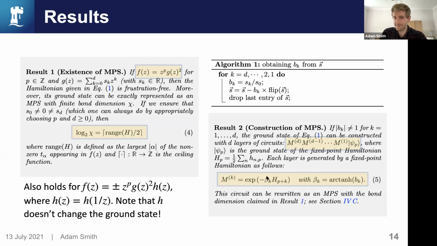Now this maybe looks a bit familiar. It looks a lot like imaginary time evolution. And actually there is a way of interpreting this result as a sequence of imaginary time evolutions. But I encourage you to have a look at our paper to see that.